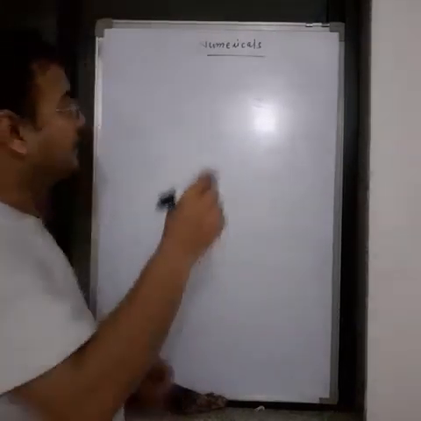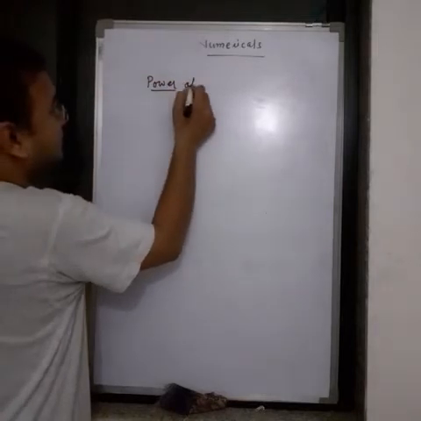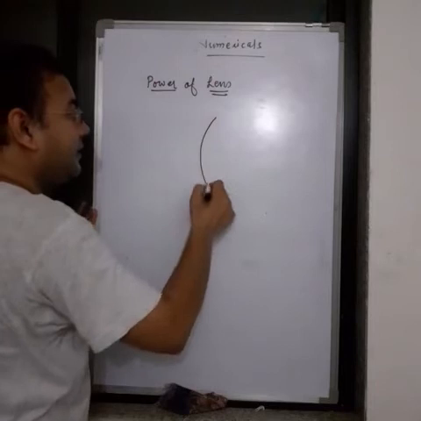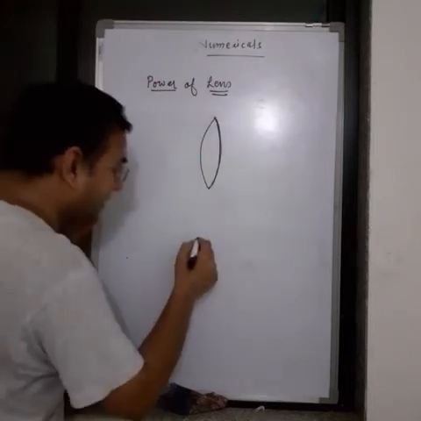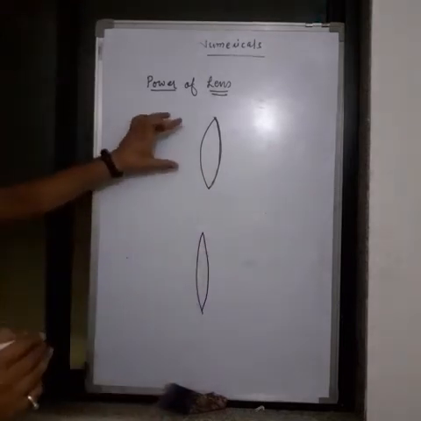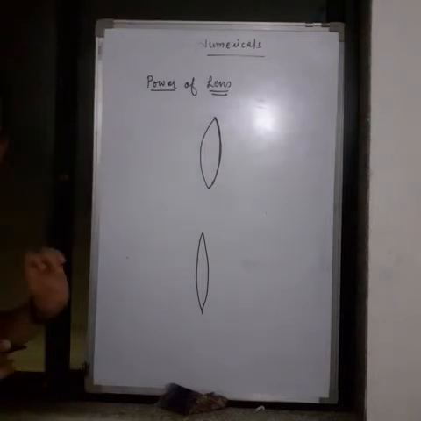See, power of lens. If we consider this lens and this lens, just see the thickness of this lens and the thickness of this lens.